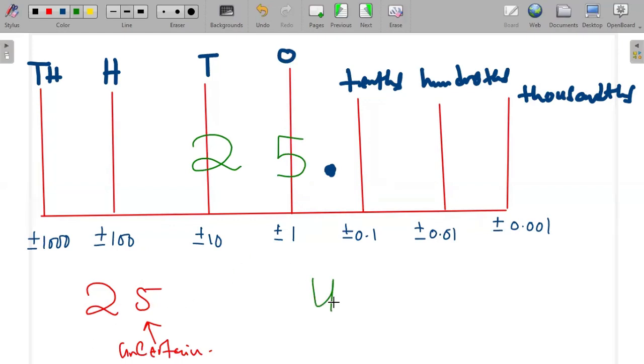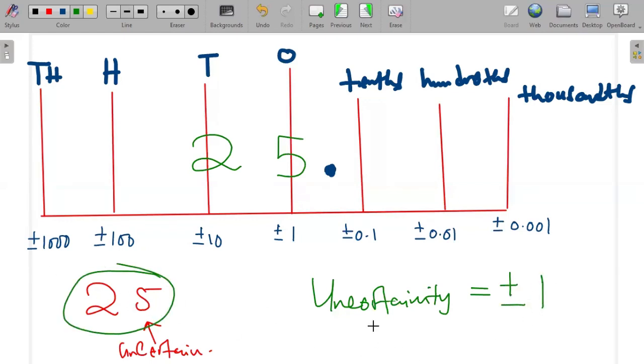the uncertainty, we're going to say it's equal to plus or minus 1. No wonder here, for the lower reading, they just said 25 minus 1, which was 24, right?